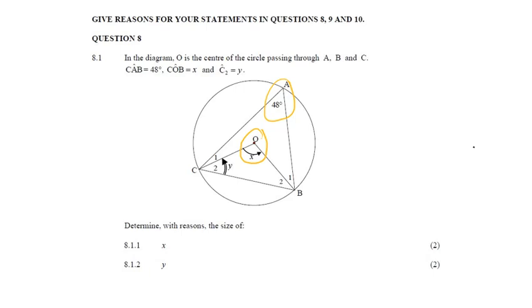So you should give the reasons as well, ne? So you're going to say x is equal to 2 times, twice the angle at the circumference. The angle at the circumference is angle A, so it's twice angle A. So it will be 48 times 2, which is 96.